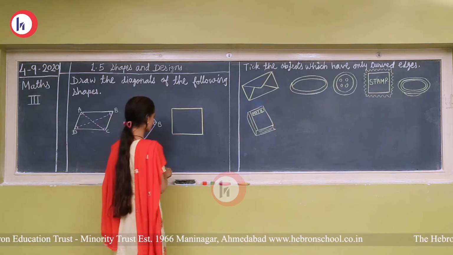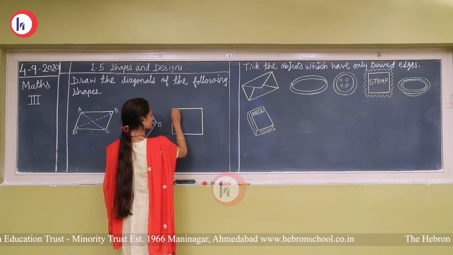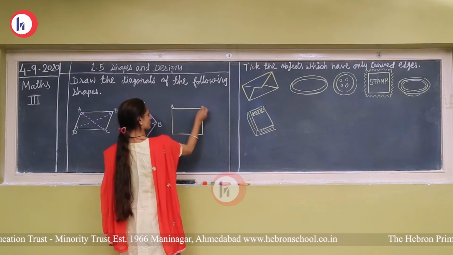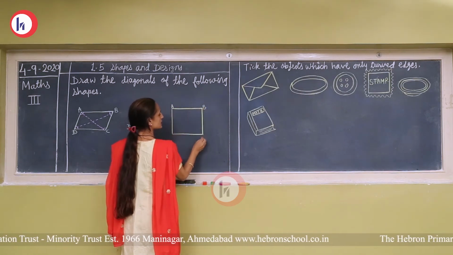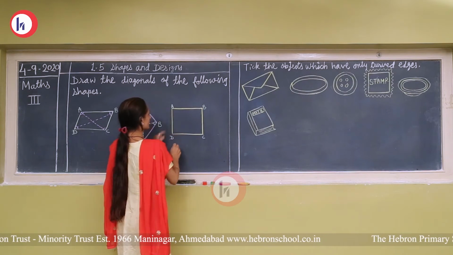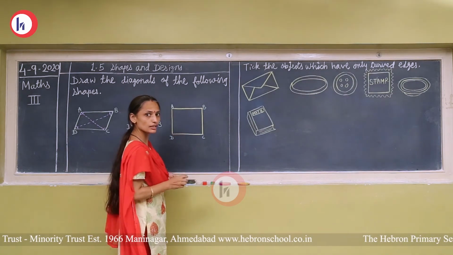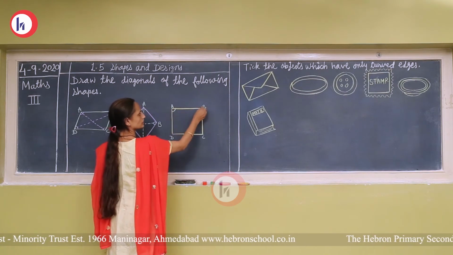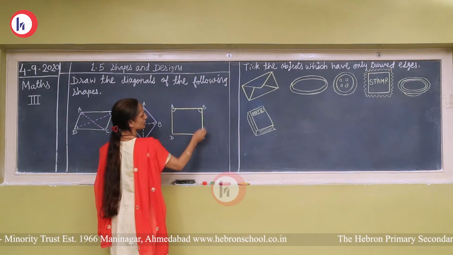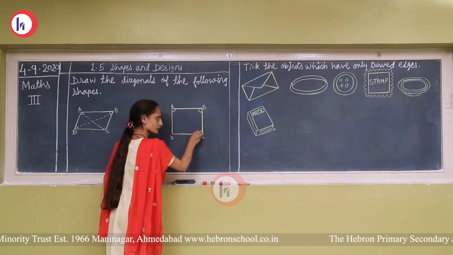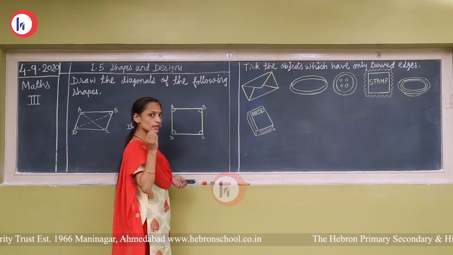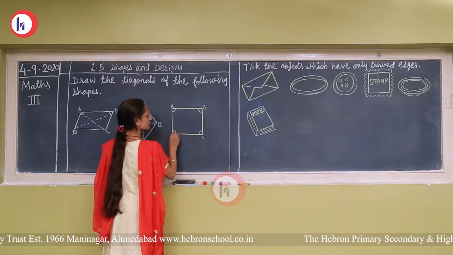Next, see, this is a square shape. So first here we will write the names A, B, C and D. Now we will show the corners. 1 and 2 lines means it is 1 corner, 2 corner. Now we know what a corner is. 3 corner and 4 corners. Now we will draw the dotted line to show the diagonals.